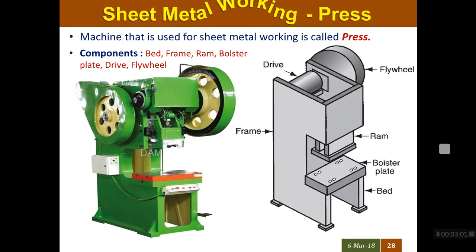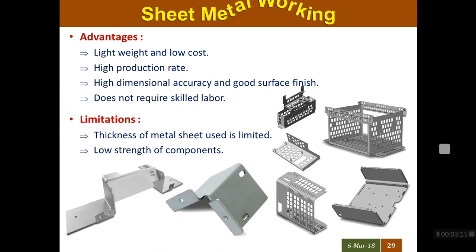Next, a schematic 3D diagram and one actual image are shown here for the sheet metal working machine, that is the press, to understand how the sheet metal operations are done. Again, as a general example, I have taken this image of a CPU cabinet, which you might have seen.